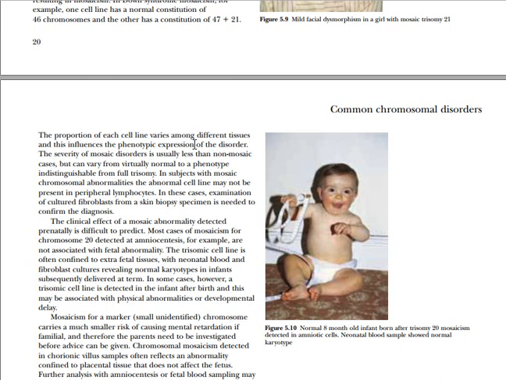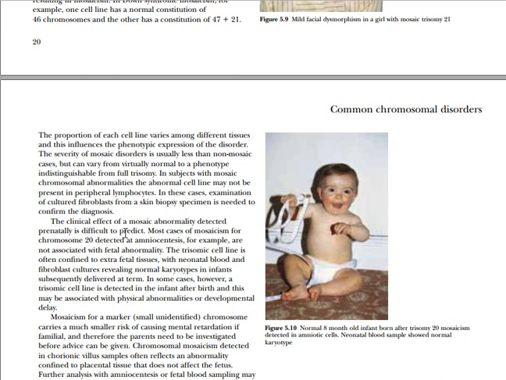But if it's at the level of the endocrine tissues or the uterine tissues, you may have higher expression of the Turner syndrome mosaicism, because Turner syndrome is characterized by amenorrhea. So the cells of the endometrium have a higher Turner syndrome expression than other cells of the body. Is it clear?